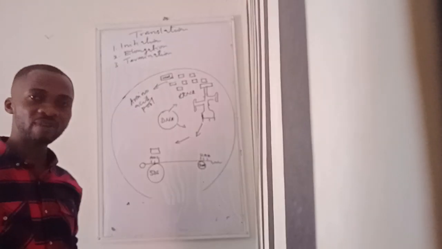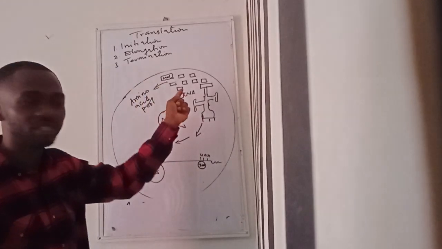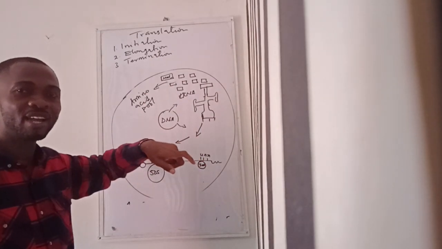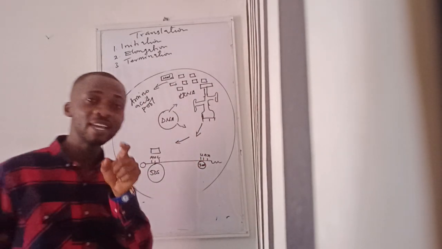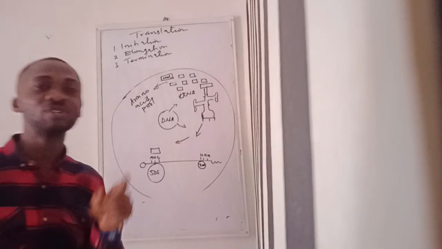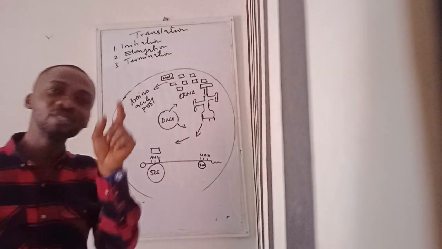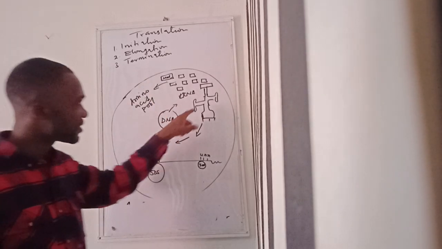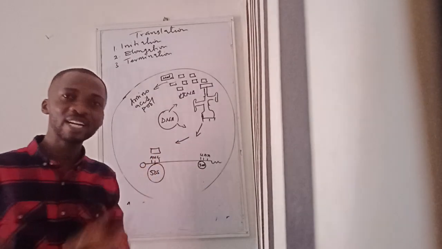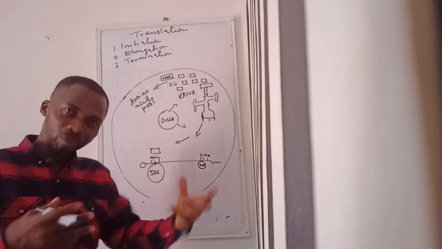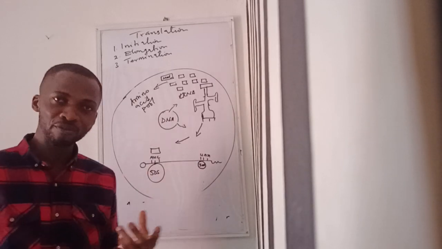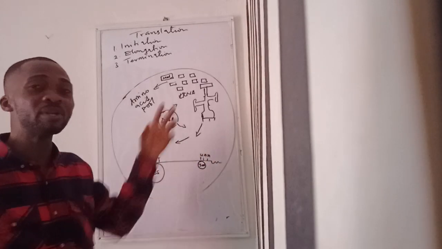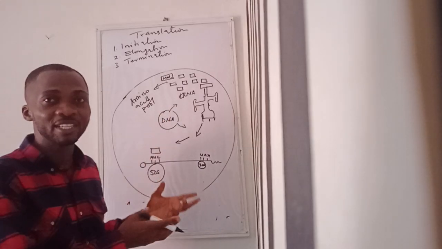The amino acid transfer RNA synthetase helps the transfer RNA to pick its correct amino acids. And that is the function. The function of the enzyme is to enable the transfer RNA to pick the correct amino acid within the amino acid pool. Remember that transfer RNA and messenger RNA were transcribed at the same time from DNA. So both of them contain the same information for the synthesis of certain protein depending on the information that is contained in the DNA.